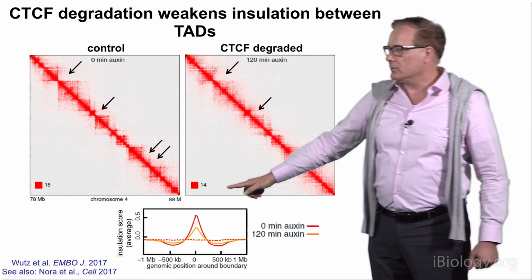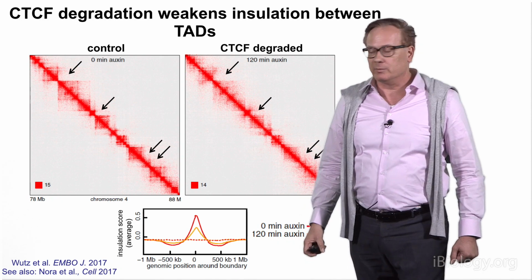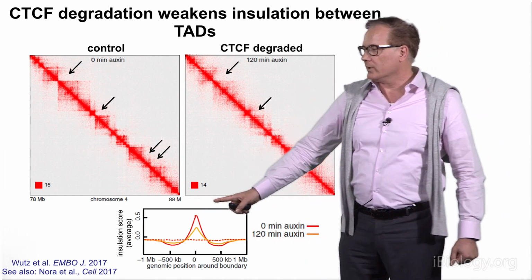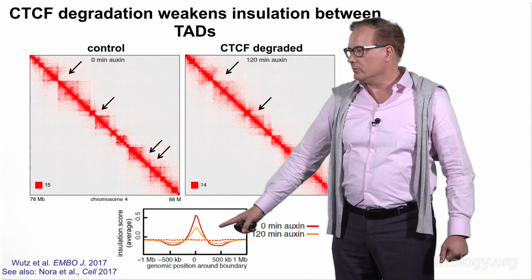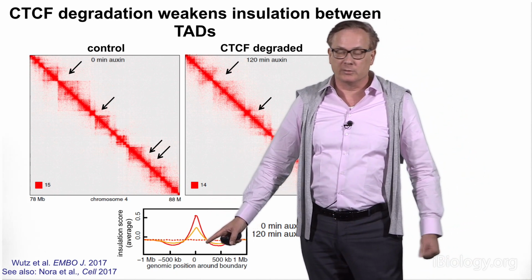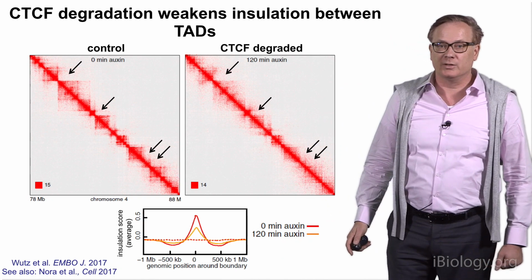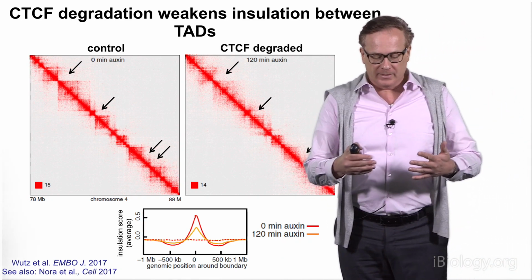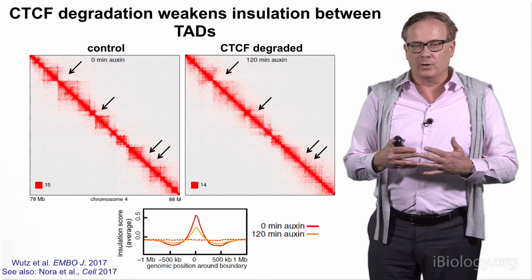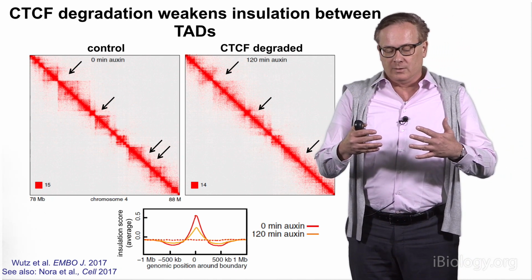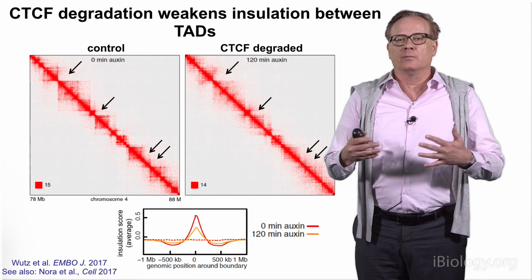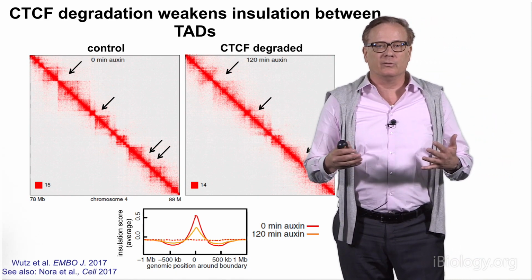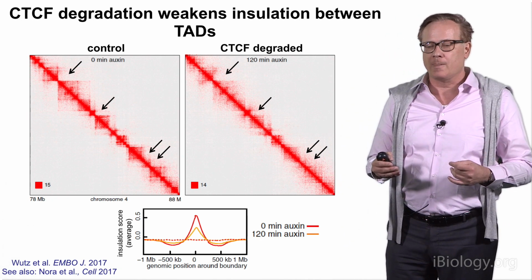And that can again be genome-wide analyzed algorithmically as a so-called TUD insulation score, and one can see that this is much reduced after, not abolished, but reduced after CTCF degradation. So what these results imply is that CTCF is indeed needed for the insulation of TUDs, presumably because it's normally sitting there and functions as a boundary for extruding cohesin complexes.